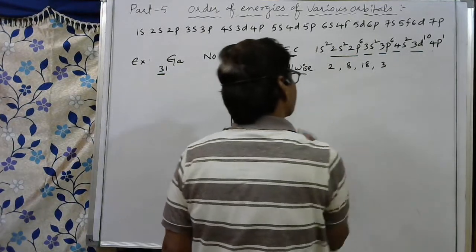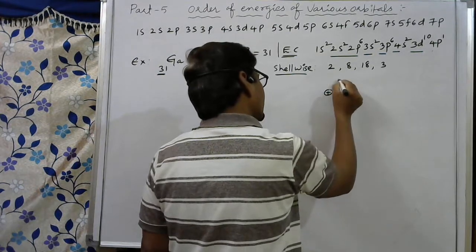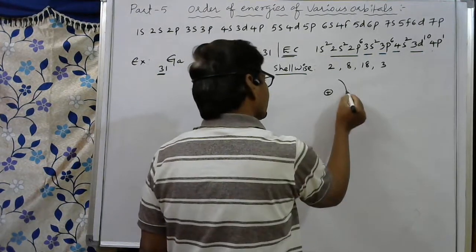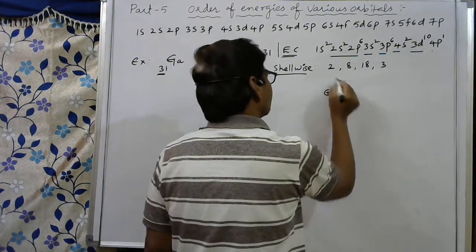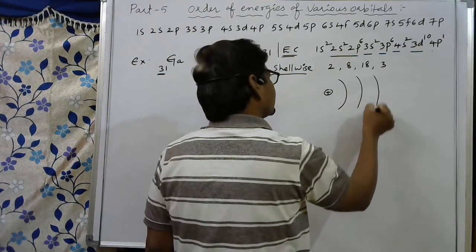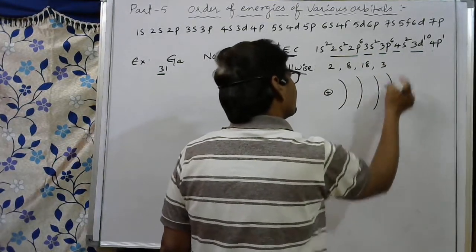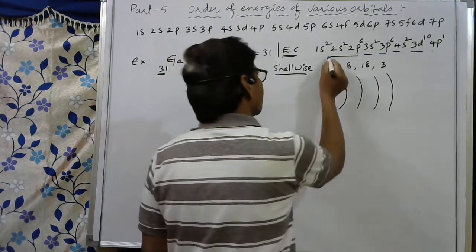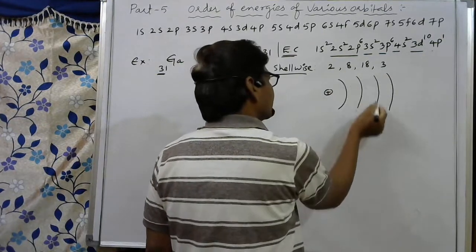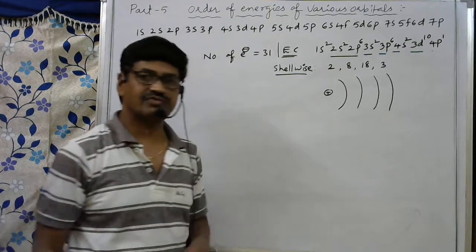This is the shell wise configuration. For example, this is the nucleus and this is the first shell. The first shell contains only 2 electrons, that is 1s2. Second shell, 2s2, 2p6. Third shell, 3s2, 3p6, 3d10. Fourth shell, 4s2, 4p1. So the total number of electrons is 2, here 8, here 18, here 3.